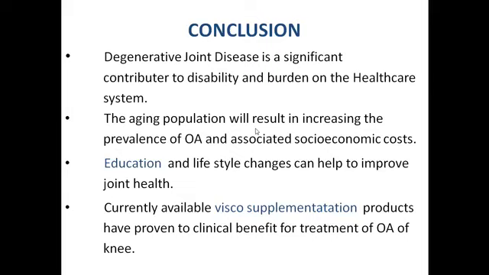The aging population will result in increasing prevalence of osteoarthritis and associated socioeconomic costs. Education and lifestyle changes can help to improve joint health. And we emphasize this category, education and lifestyle changes. Very important to improve joint health.